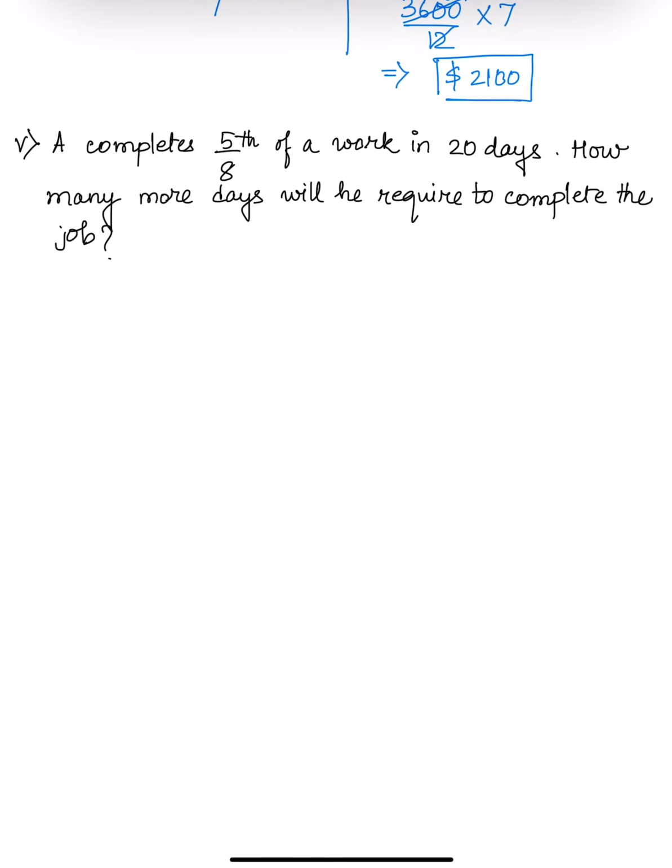And the last question. A is completing 5/8 of the work in 20 days. How many more days will he require to complete the job? We need to find the number of days, so that will be on the right hand side. This is the work and this is the day, right? 5/8 is completed in 20 days.